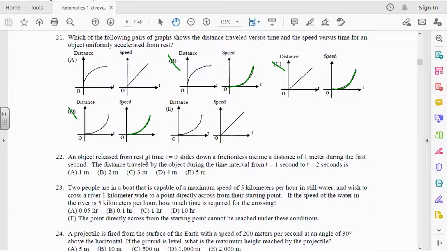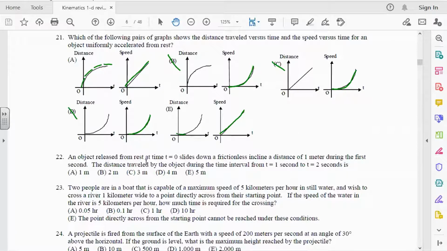So what I need to do is see, okay, I know that this is showing speeding up. Now I need to look at my position time graph, or my distance time graph, and make sure that that's showing what I needed. So I'm going to draw tangent lines on my curve. And I can see that this graph shows that the tangent lines are getting flatter, which means that the speed is decreasing.